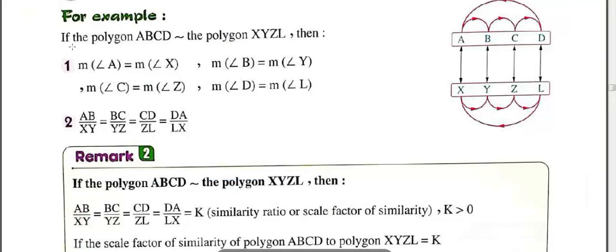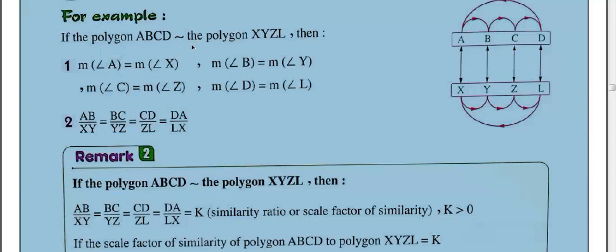For example, if the polygon ABCD is similar to the polygon XYZL, then measure of angle A equals measure of angle X, measure of angle B equals measure of angle Y, measure of angle C equals measure of angle Z, measure of angle D equals measure of angle L, and proportional AB over XY equals BC over YZ equals CD over ZL equals DA over LX.